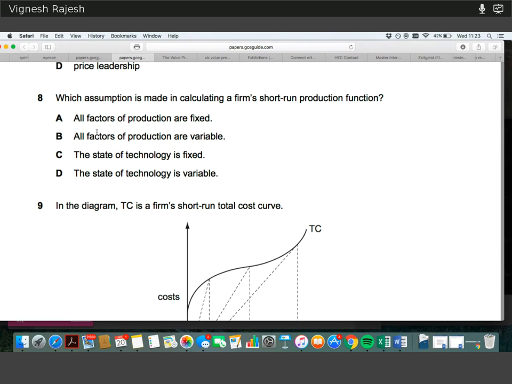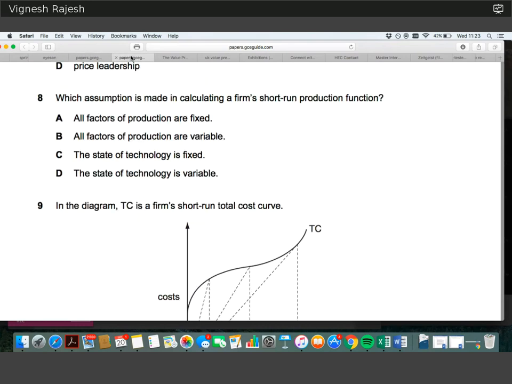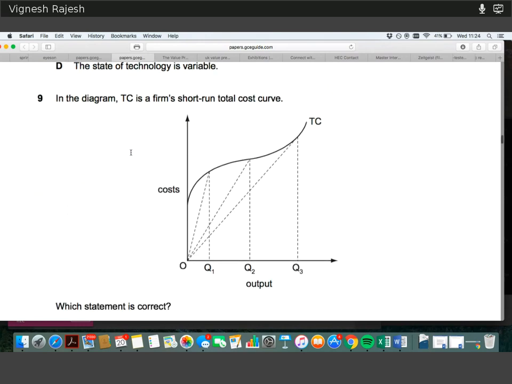So for this question, we know the answer is B. Sorry, C. The state of technology is fixed in the short run. I've also got to clarify, it's not a case of all factors of production being variable in the short run. It's usually one of capital or labor that is fixed, and therefore the other is variable. But definitely the state of technology is fixed in the short run, so 8 is C.